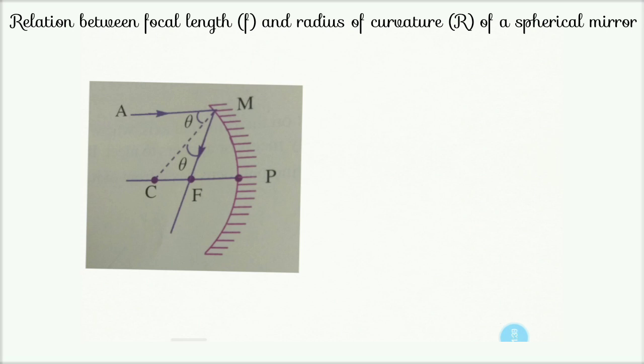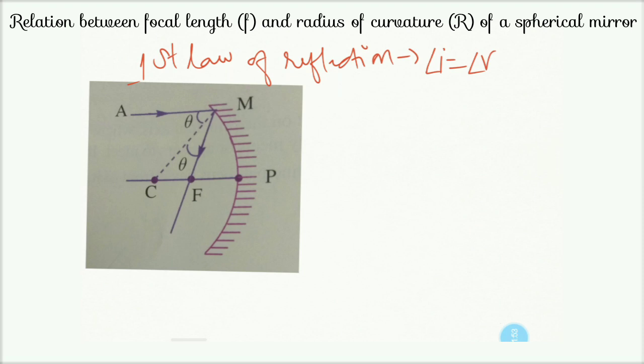From the first law of reflection, what does it state? It states that the angle of incidence is equal to the angle of reflection. This is what the first law of reflection states.